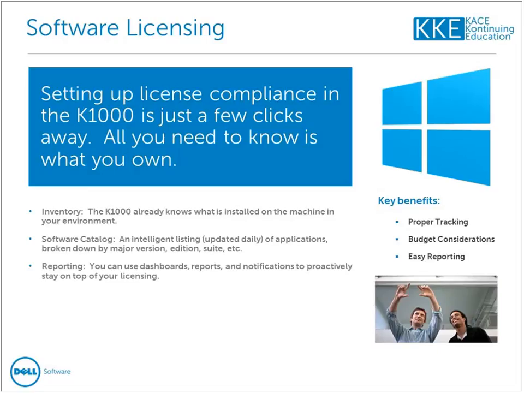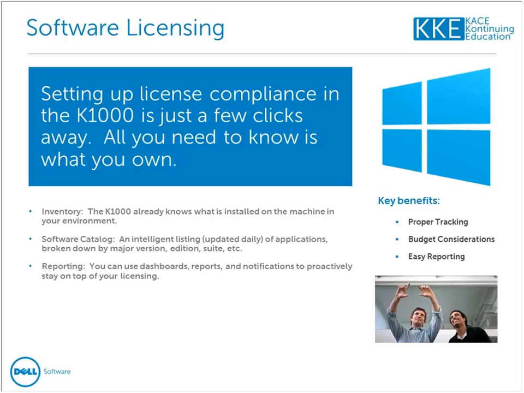Do we have an audit coming up, and I need to make sure and prove that I am tracking licenses and keeping on top of things? So inside the K1000, software licensing since 5.5, which is a few years now, has really just been a few clicks. And you now have software licensing working inside the K1000.